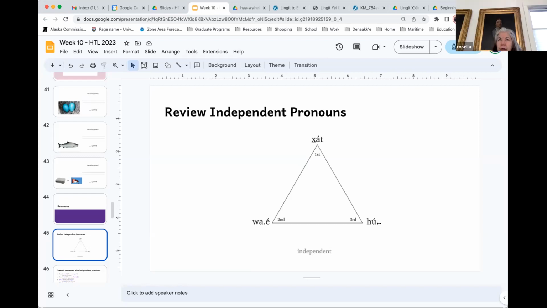Yaduh. So that's a helpful way for me to think about independent pronouns when you're asking, like, is that you? Where are you? Where are they? This is them. That's how I think about those.